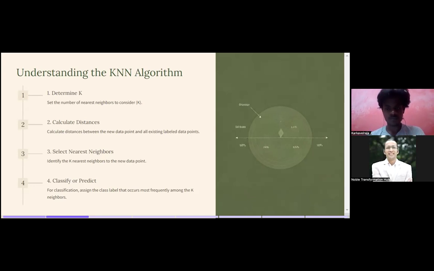That's what we set. But if you see the third point, it identifies the K nearest neighbors to the new data points. Then we have to classify or predict. For classification, we assign the class label that occurs most frequently among the K neighbors.